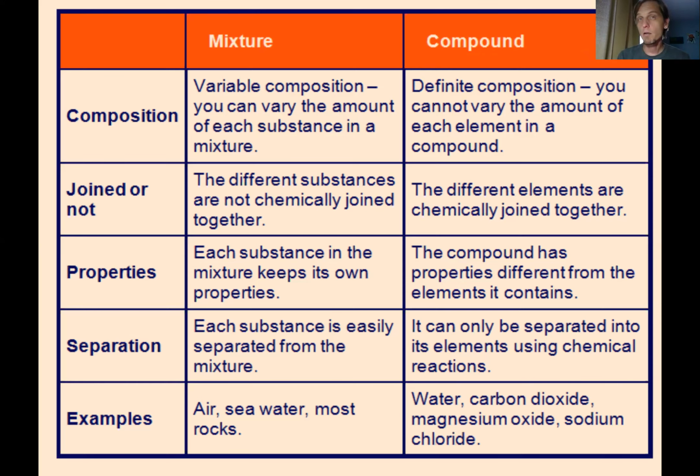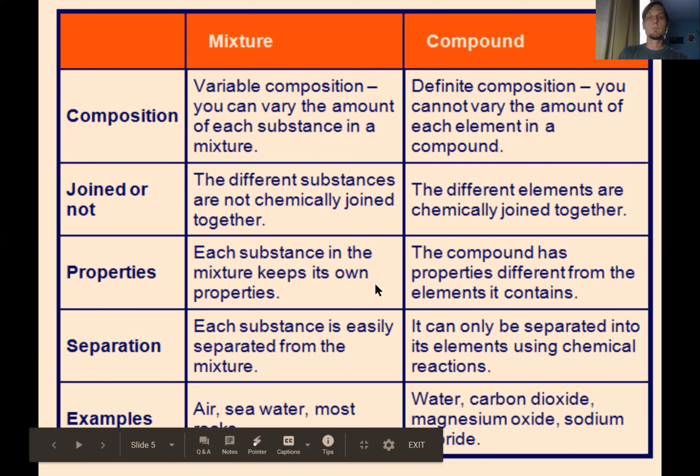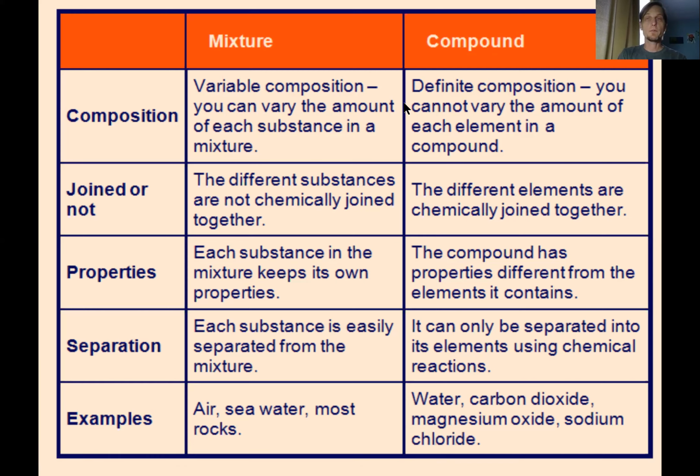The liquid water is nothing like oxygen or hydrogen. Isn't that crazy? But that's what a compound is. It has totally different properties from the elements it contains. So go ahead and pause this and see if you recognize the difference between mixtures and compounds.